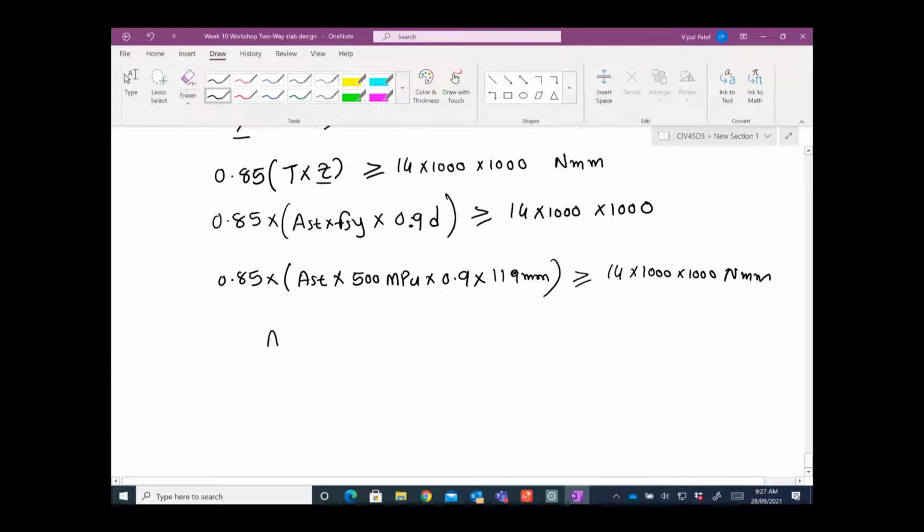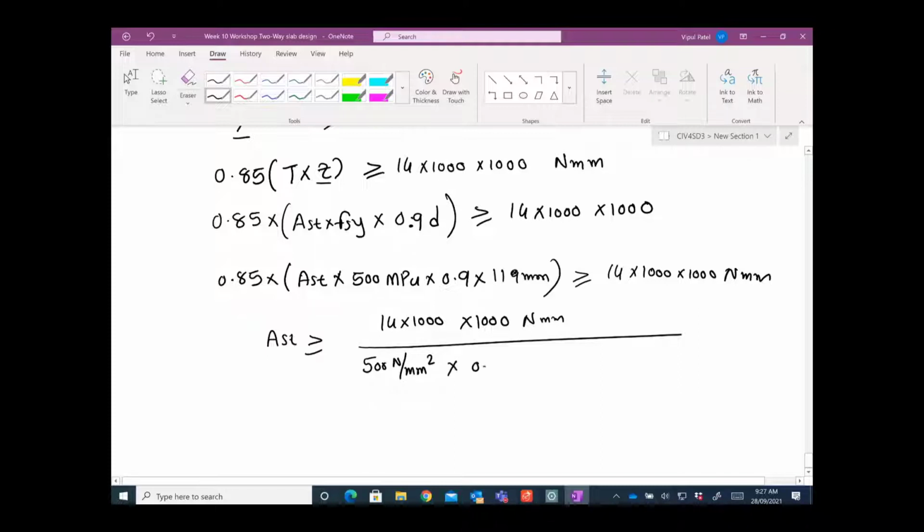So everything looks good. So AST greater than or equal to 14,000 times 1000, that is Newton millimeters, over 500 Newton per millimeter square, which is megapascals, times 0.9 times 119 millimeters.